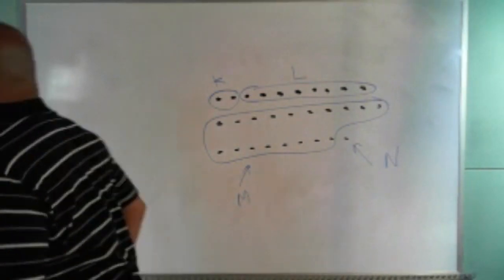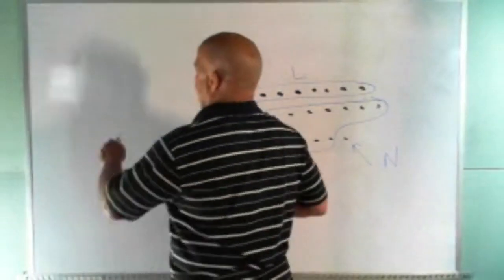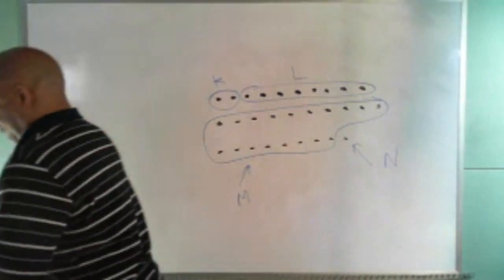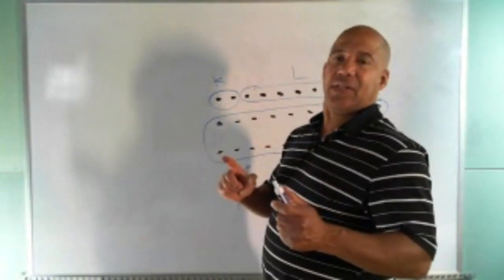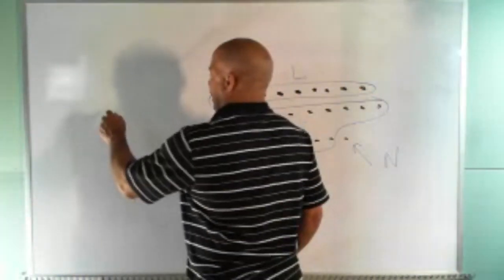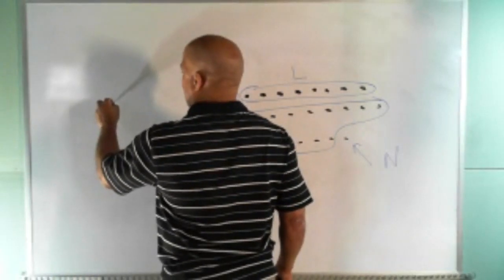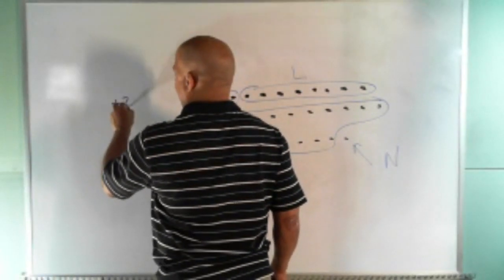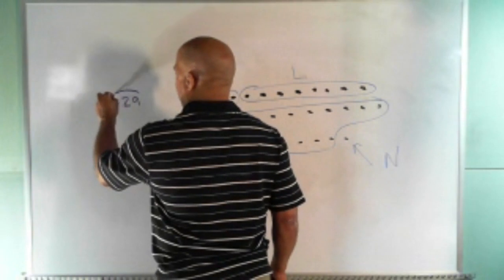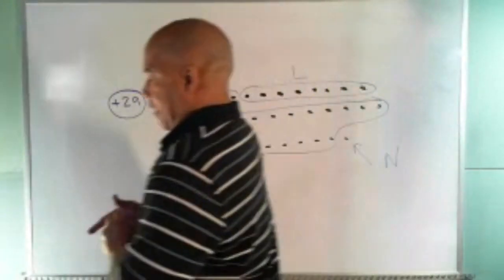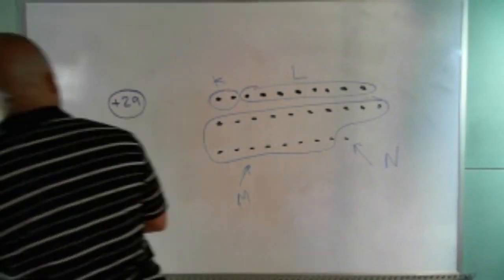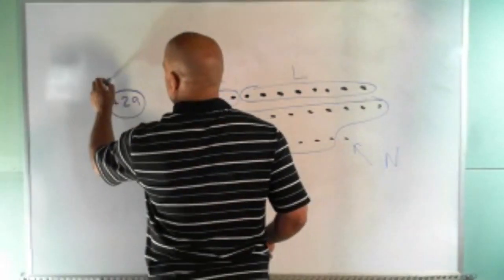Now, the nucleus is a positive 29 because I got 29 protons. So I'm just going to do a plus 29. That's the nucleus. And then I got these other electrons, so I got to make my shells here. I'm going to make them like this.